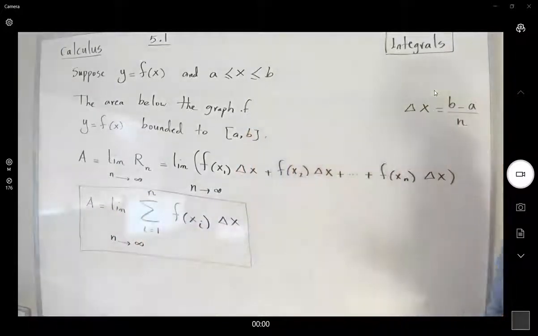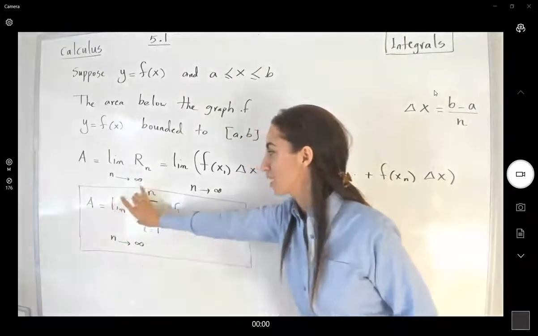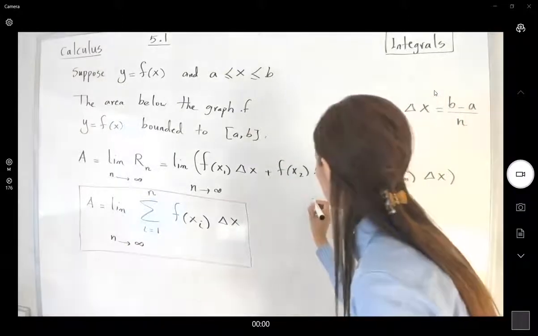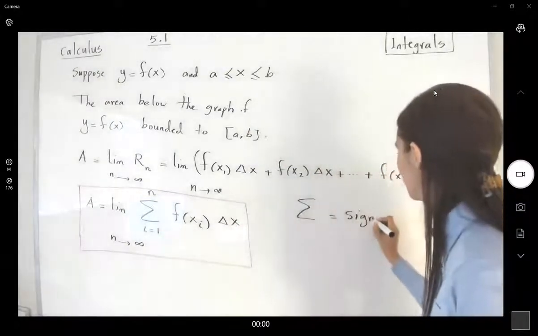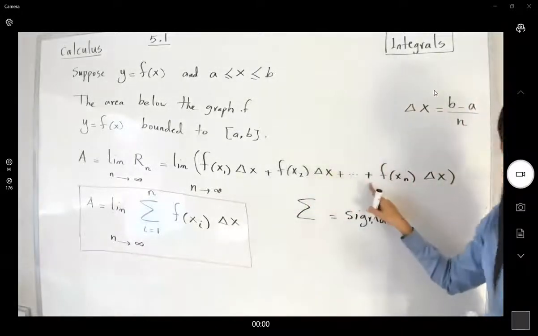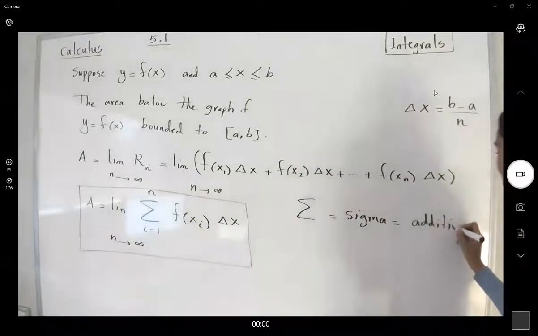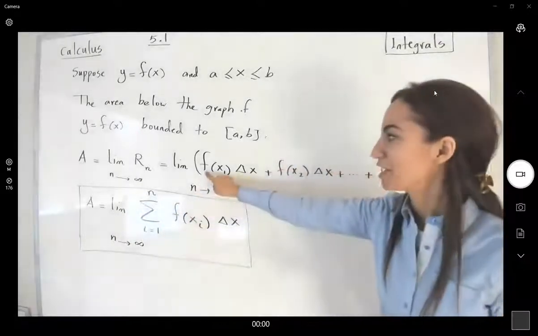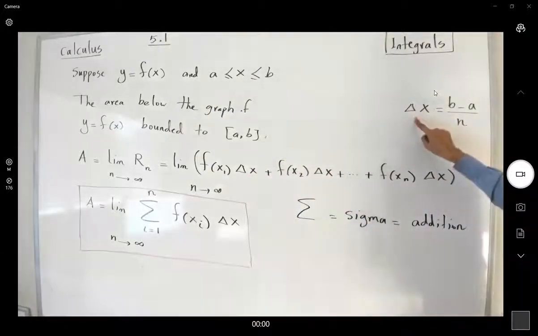Area A is equal to limit of sigma. What is sigma? This is sigma, which means addition. It's summation. Summation of f of x1 times delta x. What is delta x?